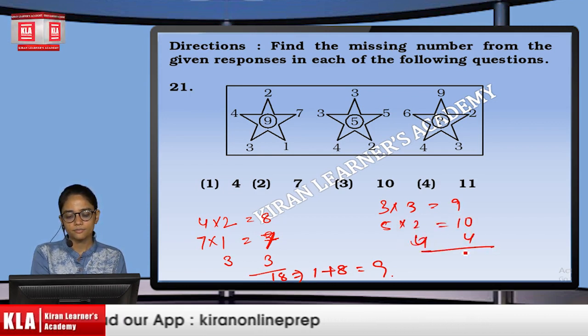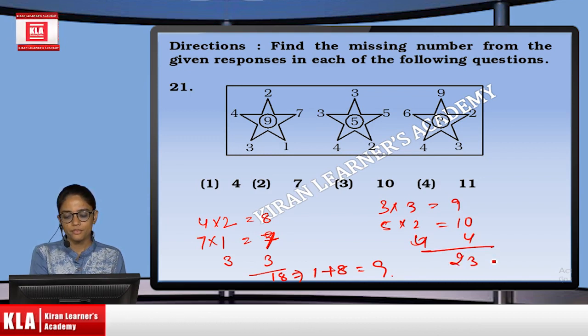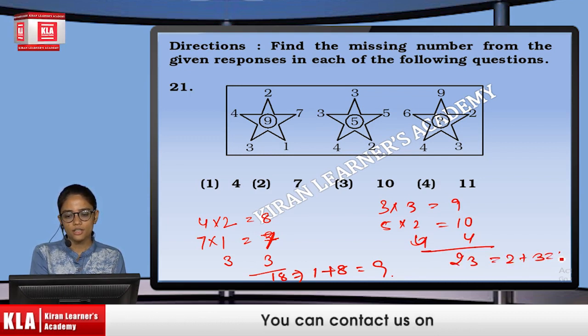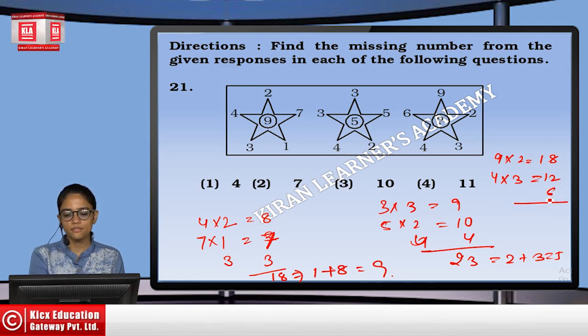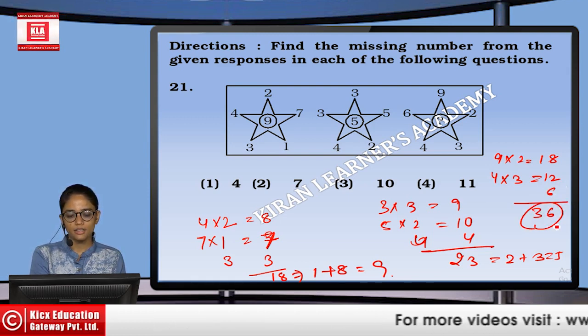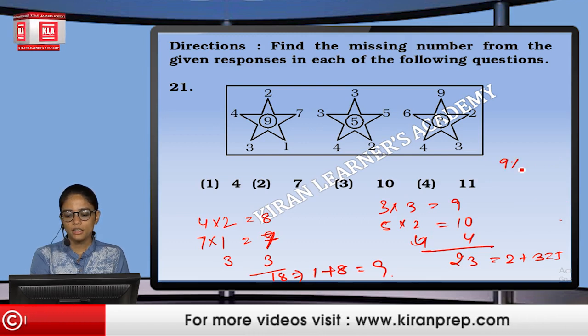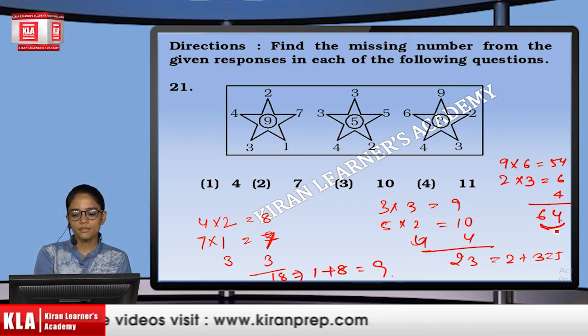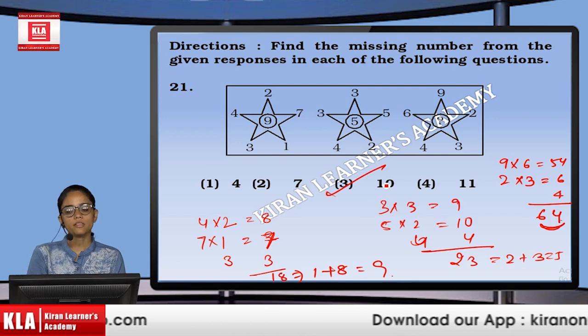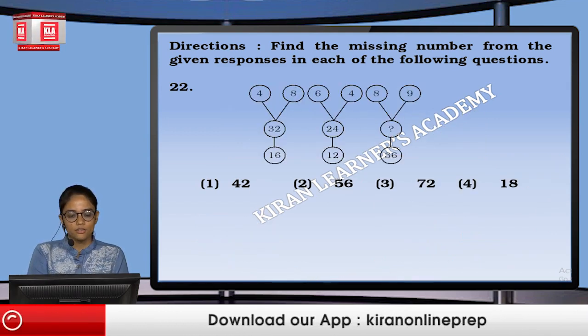Then it is 23. 2 plus 3 is equal to 5. 9 into 2 is equal to 18. Then 4 into 3 is 12. And then 6. This will give us 36. And if we add them up, 9 into 6 is 54. 2 into 3 is 6. And then we are left with 4. That means 64. And if we add them, we will get 10. That is option number 3. Next question we have.